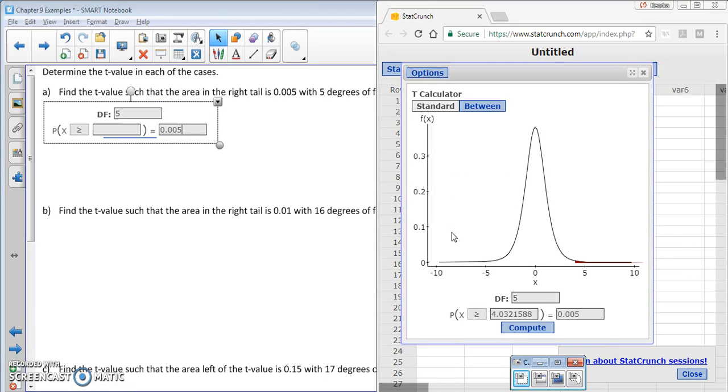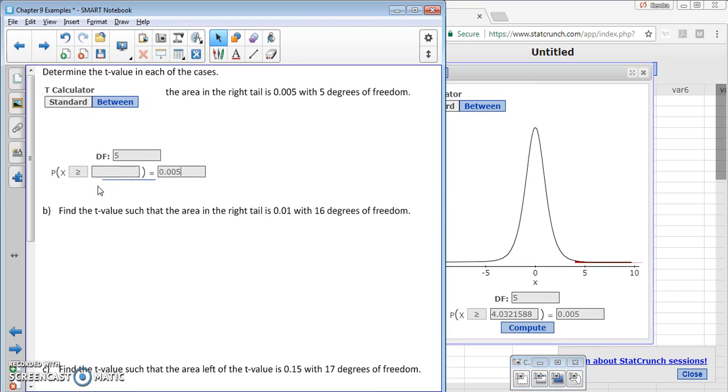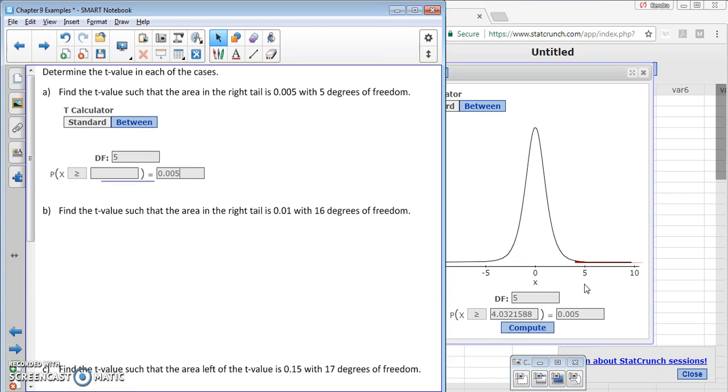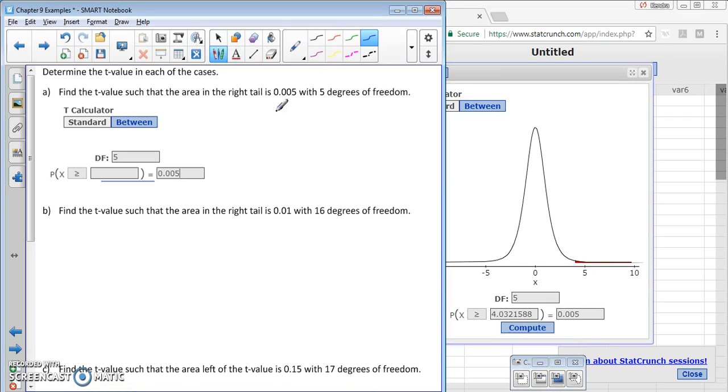Now we're doing the T calculator, so I'm going to copy this over so we can see what we did there. So our answer here is 4.02.